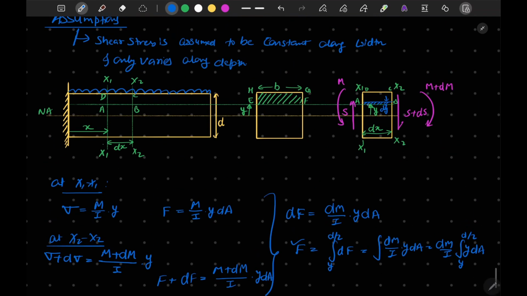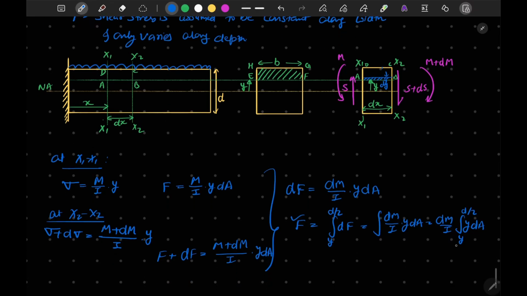So distance y and area, this area we are integrating from here to here. So we can replace this complete term by using the centroid of this region, the centroid of the shaded region. So let me write it here.